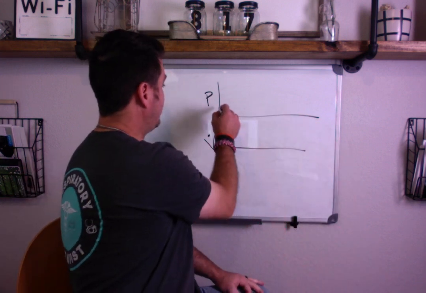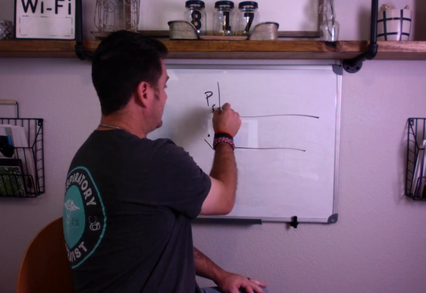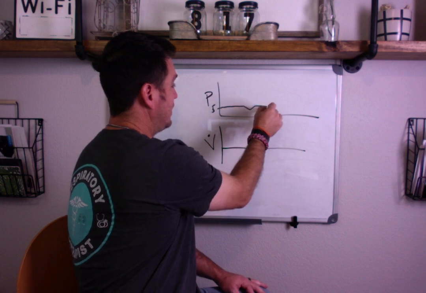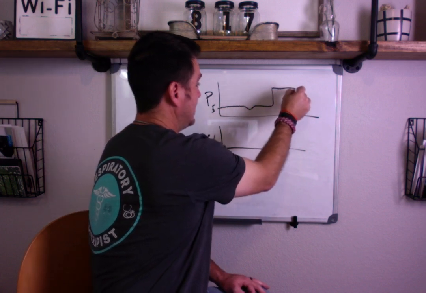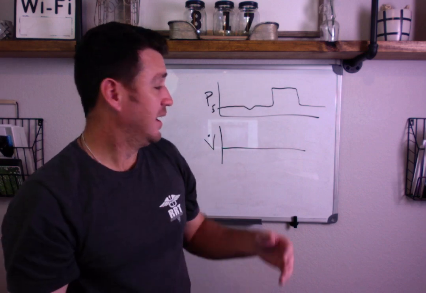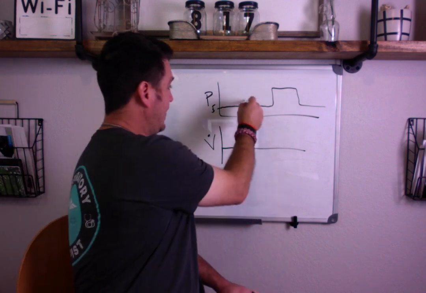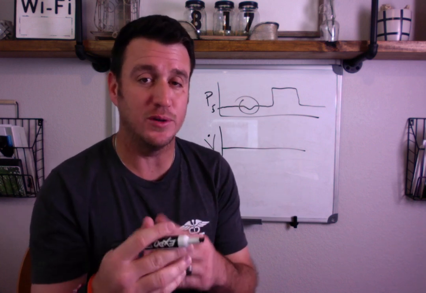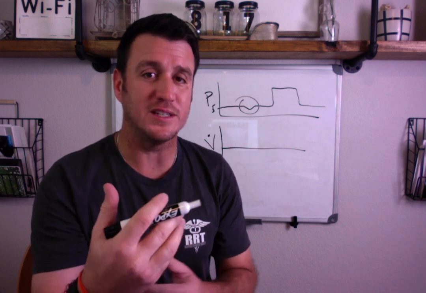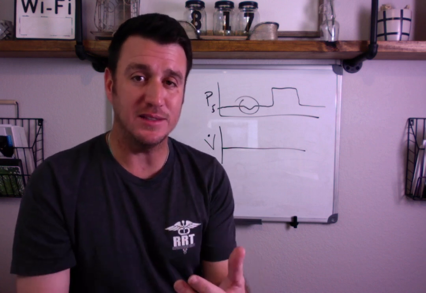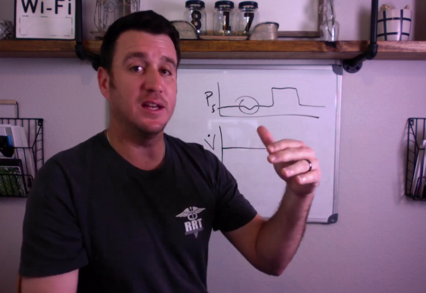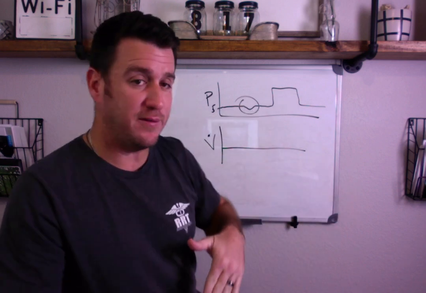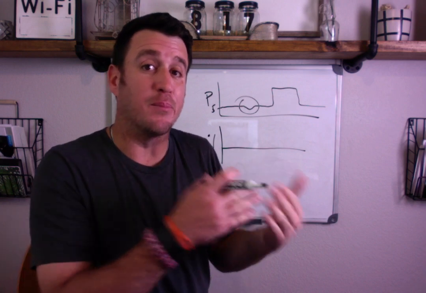So if you have a PEEP of 5 set and you have this going along and it dips and then comes up and delivers a breath, this dip right here tells you that your patient tried to initiate a breath, but it wasn't recognized, which means the diaphragm dropped, the intrathoracic pressure dropped, that created a drop in your pressure waveform, but a breath wasn't given.